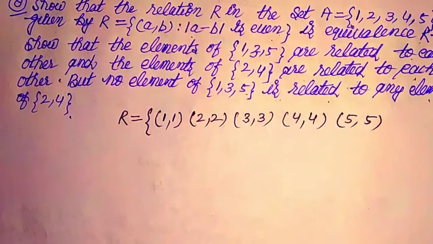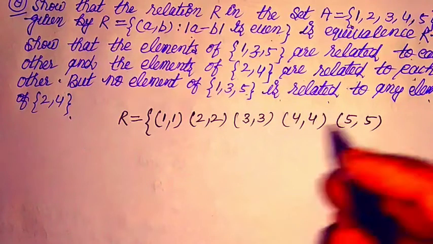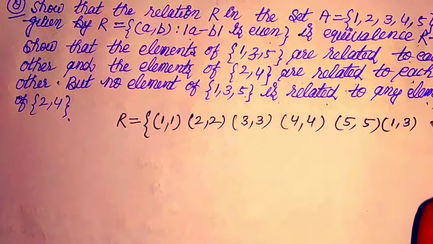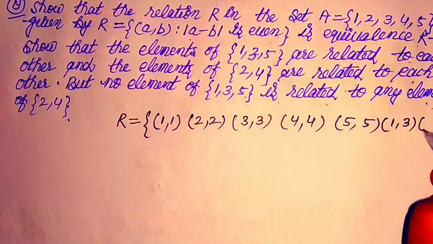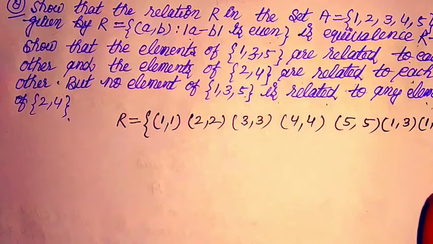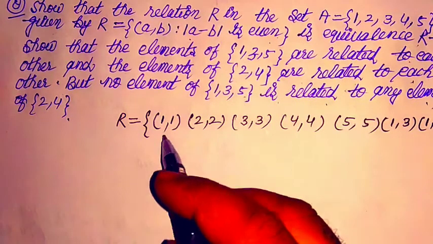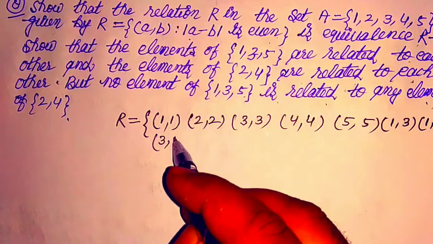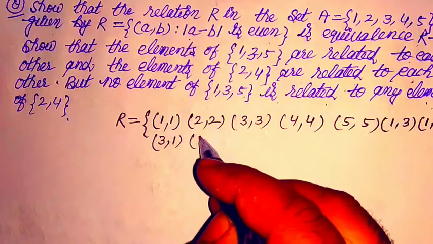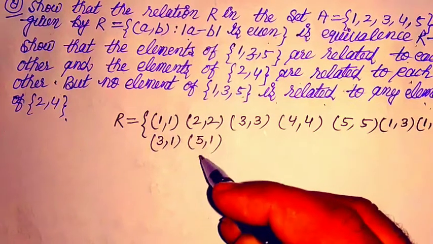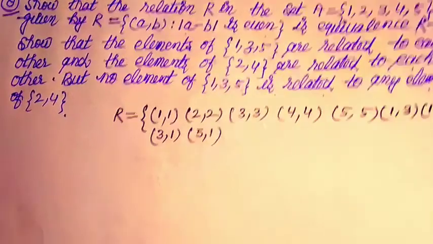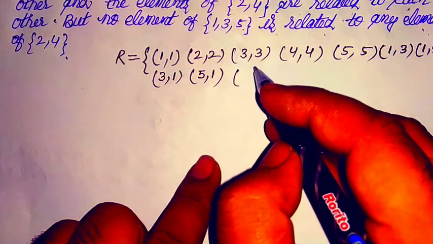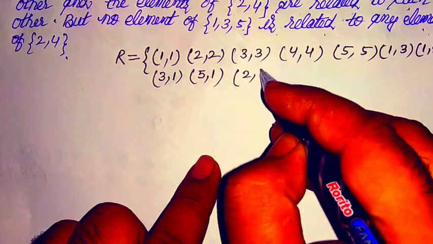Isn't it? So now we will take (1, 3) and (1, 5), and we will write the reciprocal inverse of those 2 pairs, (5, 1) also. Now 2: taking a as 2, we have (2, 3) and (2, 4); (2, 3) is not included, (2, 4) is.